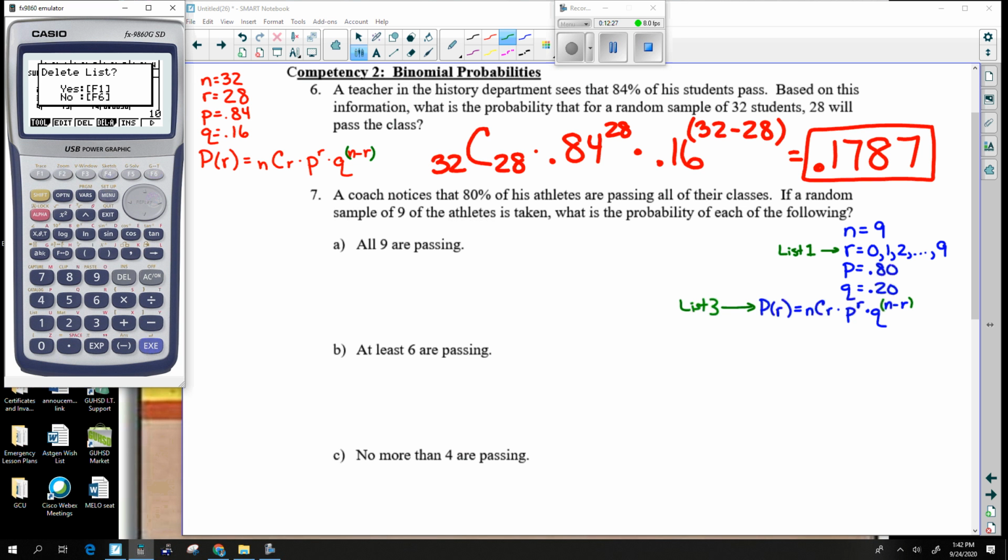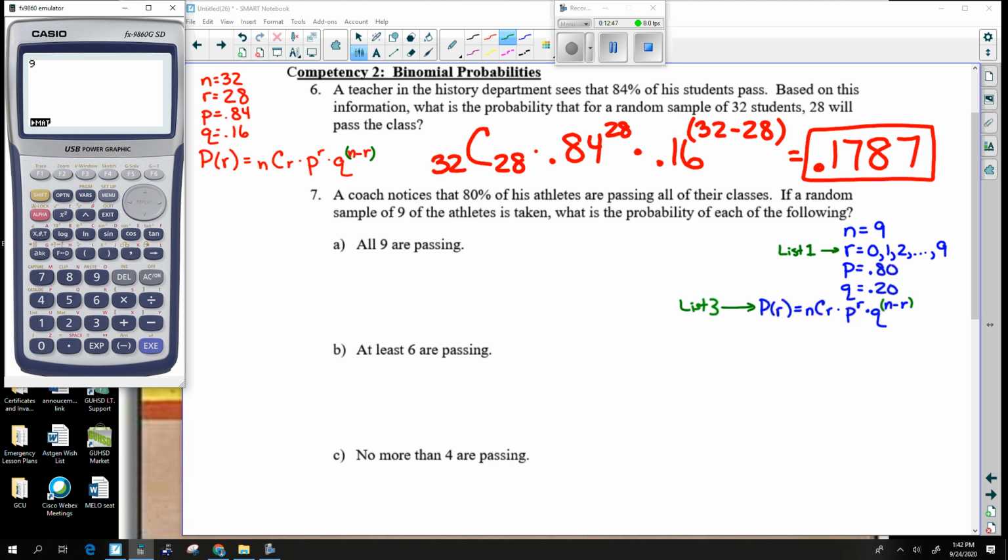I'm going to clear out the junk. So list 1 is 0, all the way up to the number 9. And so I plug and chug into my formula.